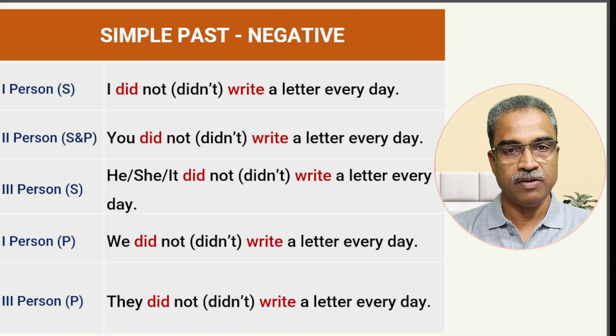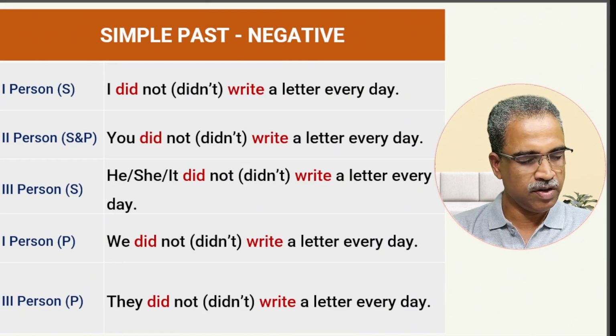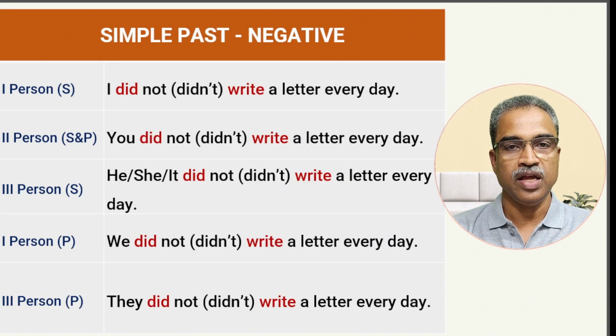So let us just revise what we did today. Simple past tense. We learned to use statements which are both affirmative and negative. In the affirmative, we use the subject, whatever it may be, and after that the main verb, or even the auxiliary verb. If there is only one auxiliary verb, it has its past form.